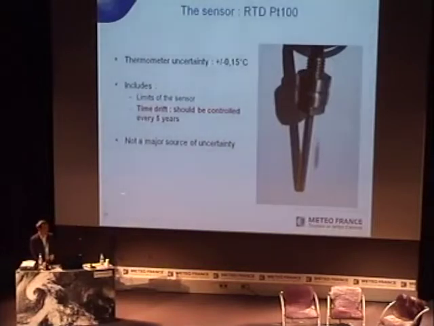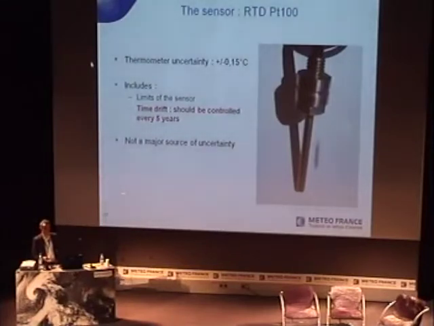Back to our example, for the temperature sensor, to have this level of uncertainty of plus or minus 0.15 Celsius, you must have a control every 5 years of your sensor.